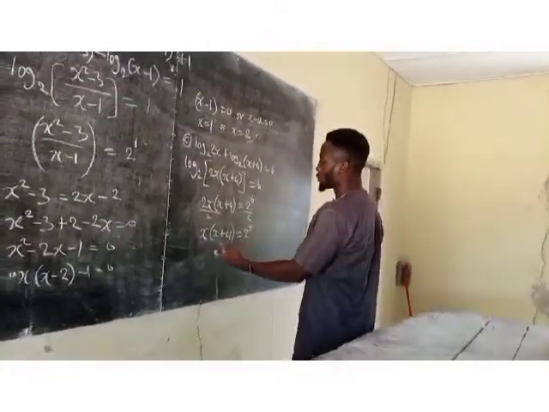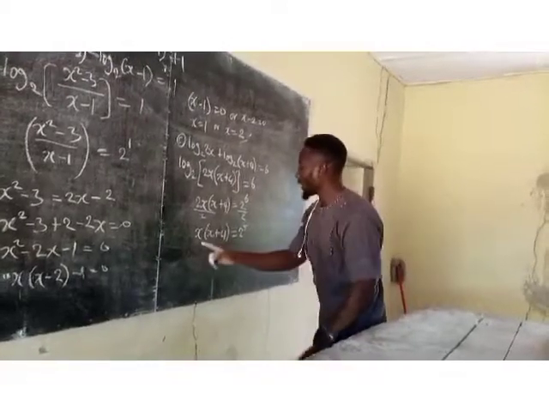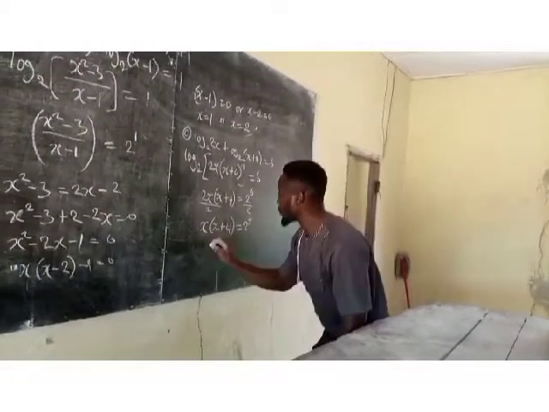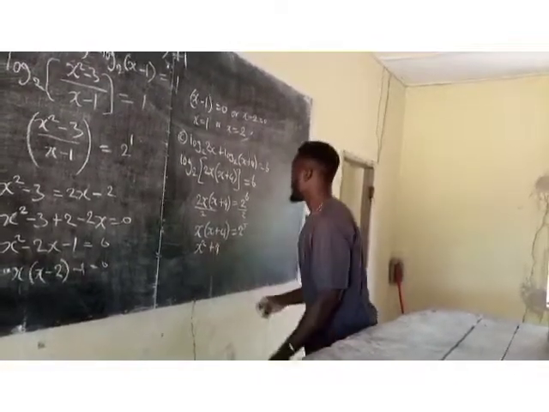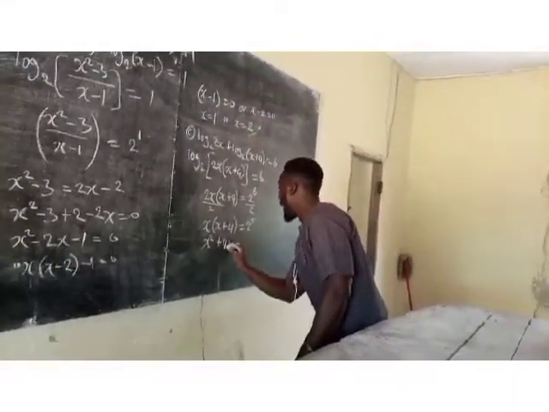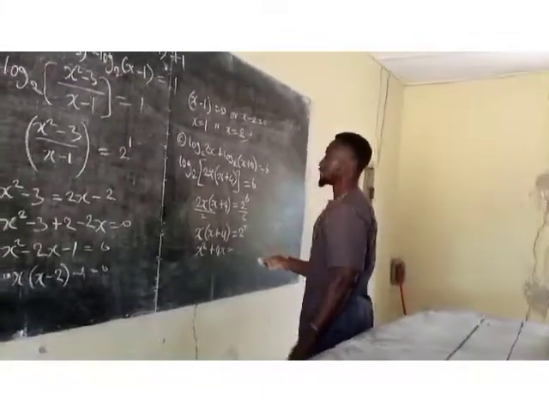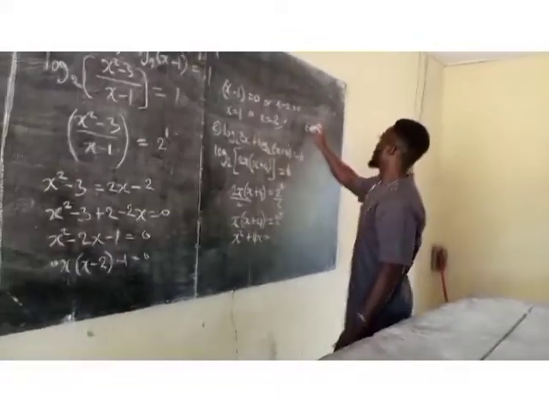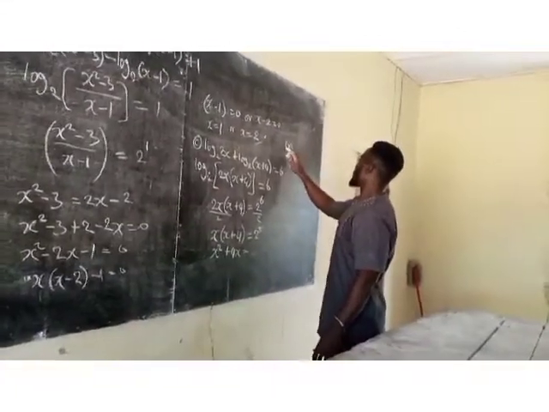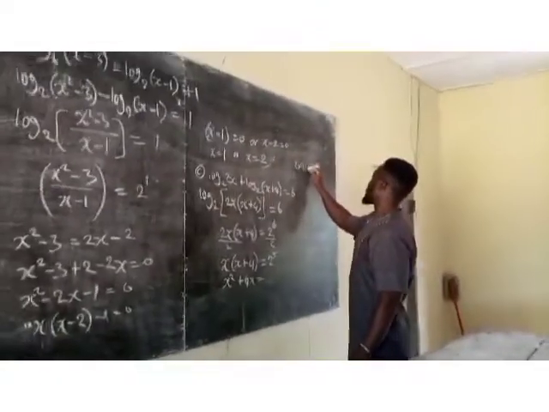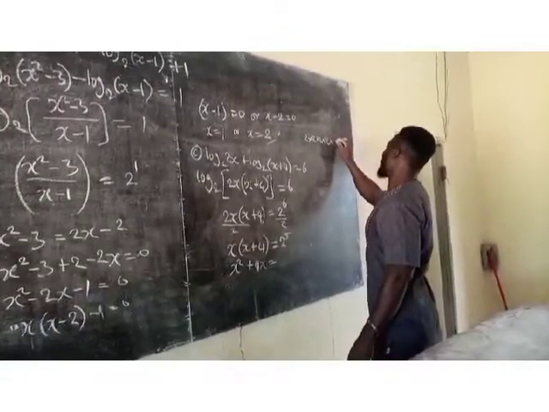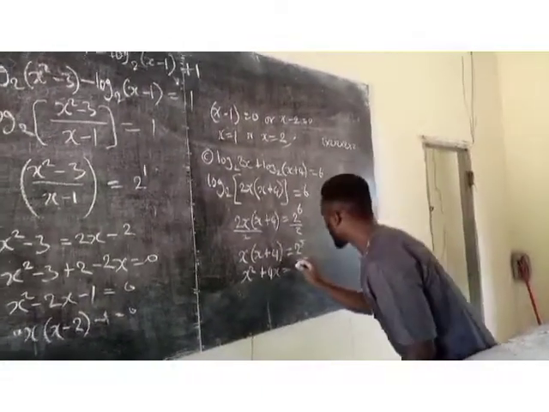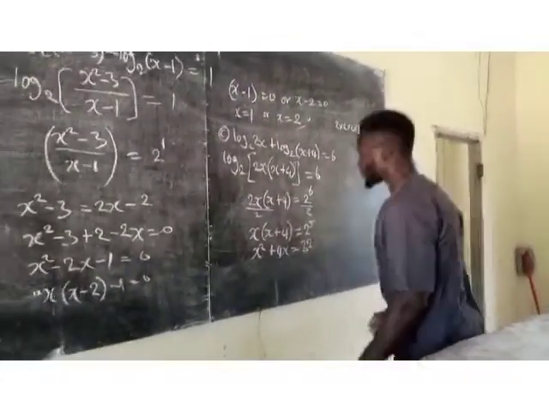Here we are going to open the bracket. We have x squared plus 4x is equal to 2 raised to the power of 5, which is the same thing as 2 times 2, which is 4, times 2, which is 8, times 2, which is 16, times 2, which is 32. So here it will be equal to 32.